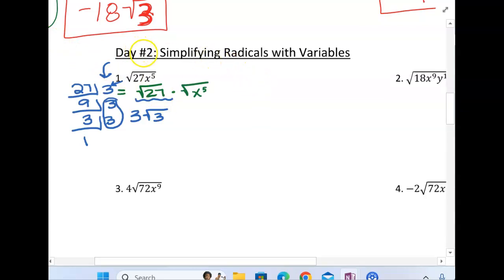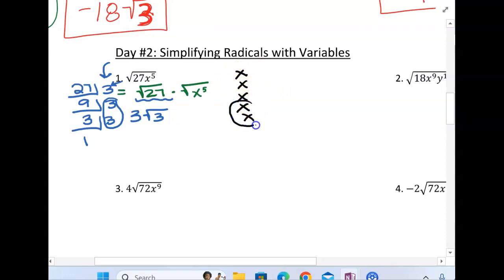All right, now as far as x to the fifth goes, we're kind of lucky in the fact that the only factor of x to the fifth is x, or I guess 1 and x, but just x. So if I just wrote out x to the fifth, remember x to the fifth is just x times x times x times x times x, right? So this is already broken down.